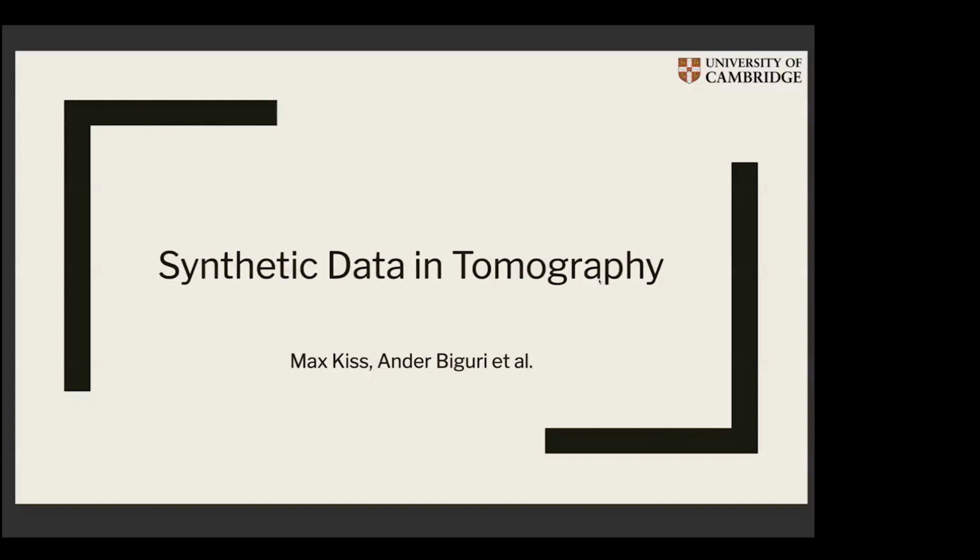So here I would like to quickly recap what tomography is. This is primarily work done by Max Kiss, who is a co-author of mine. Slides are based on his previous presentations, so thank you to him for that.